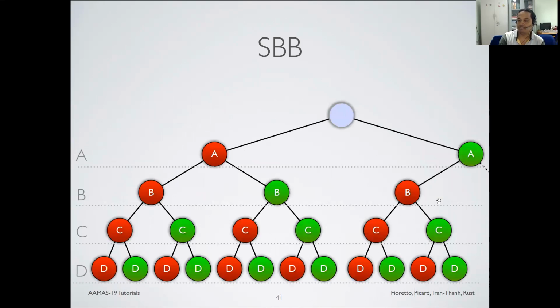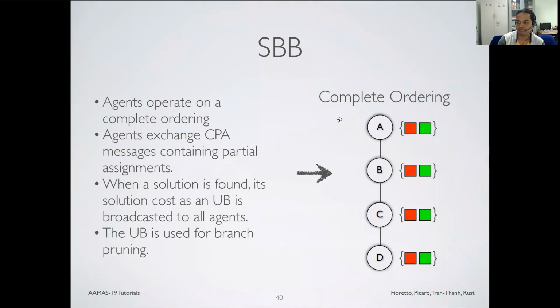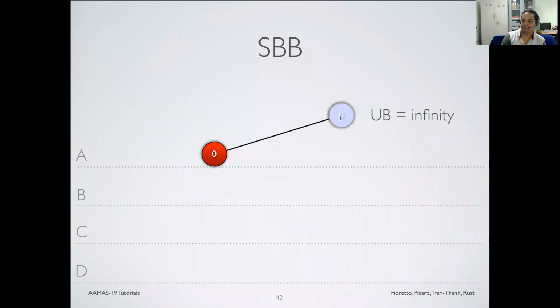So first choose the null node, the root node, with upper bound UB as infinite. Choose A as red. If I choose A as red and B as red, then what will be the value?